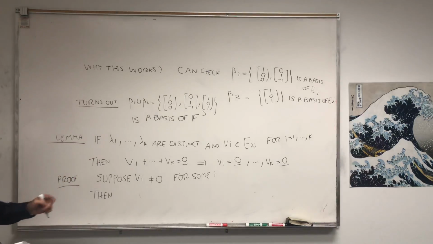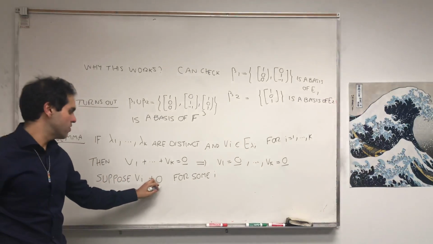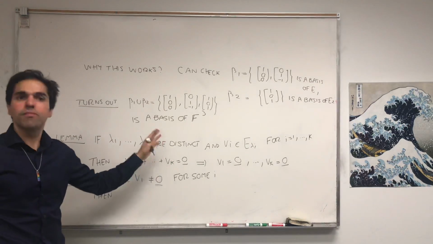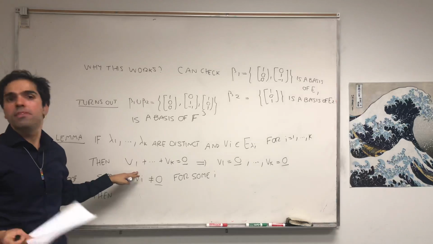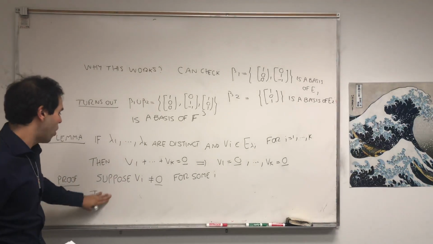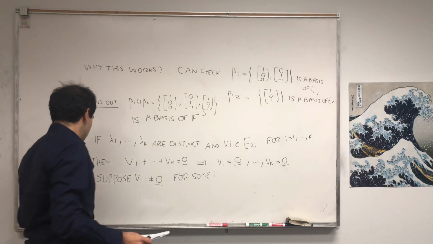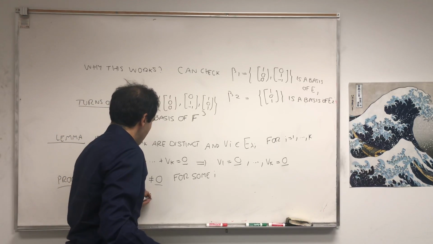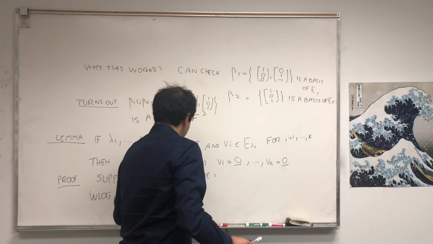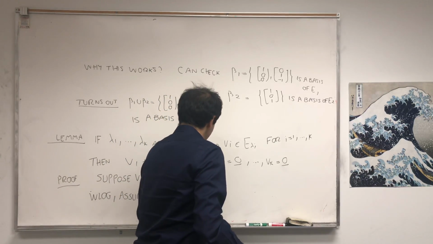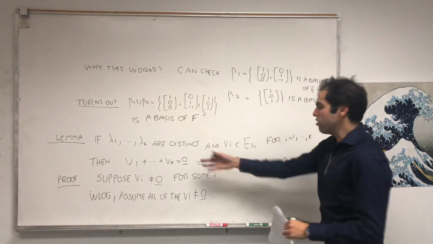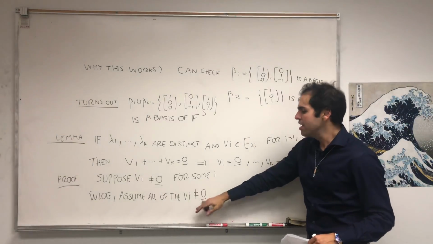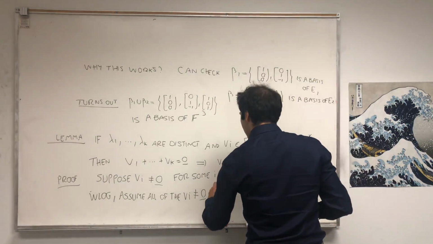I guess one thing I have to say: if some Vi are the 0 vector, then you can just eliminate the 0 vectors from this whole set, because the sum is unchanged. So without loss of generality, assume all of the Vi are non-zero, because otherwise you're just adding 0 vectors.